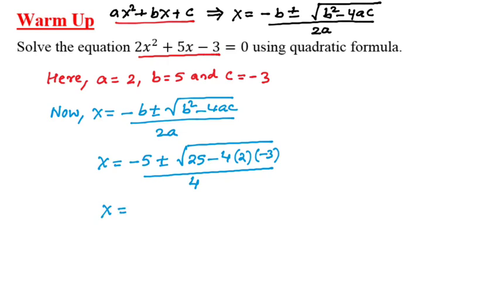So x equal to negative 5 plus or minus the square root of, inside we have 25, negative and negative positive, and 4 times 2, 8 times 3, 24. So 25 plus 24, it's 49. And square root of 49 is 7, divided by 4.